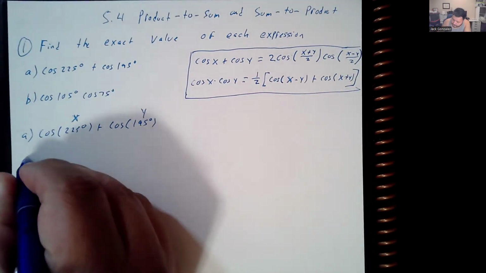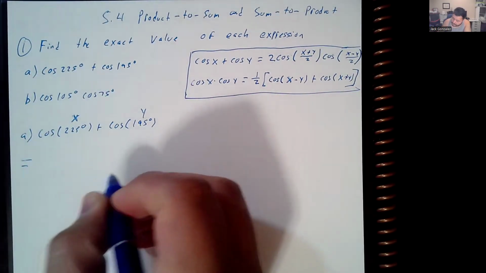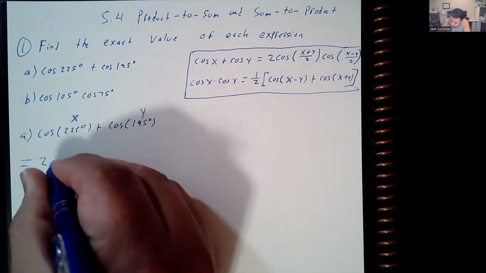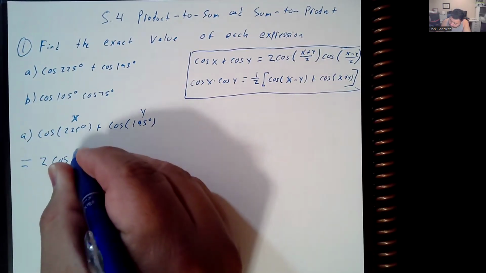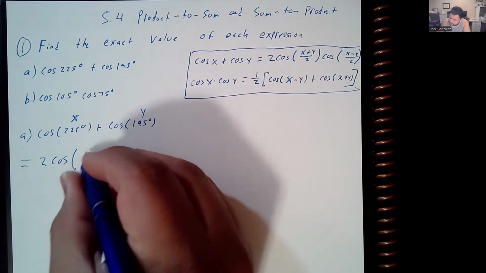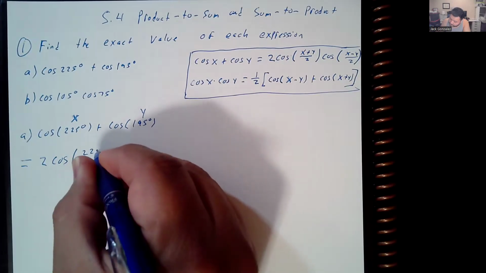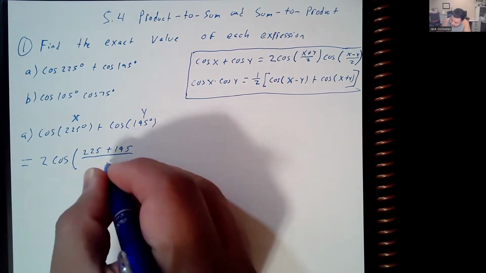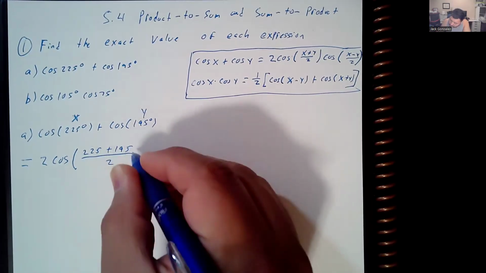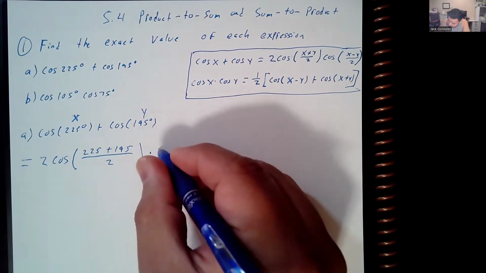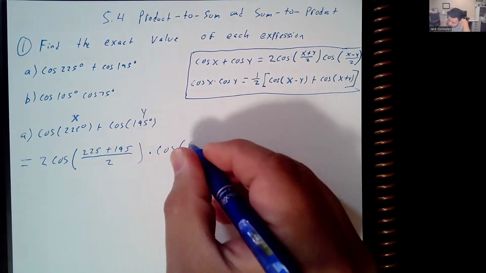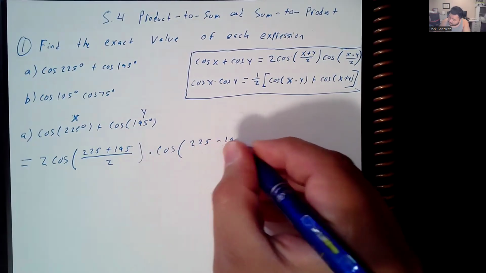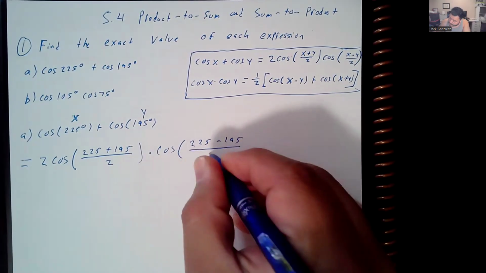Okay, so then this will become, let's see, 2 cosine of (225 plus 195) over 2, times cosine of (225 minus 195) over 2.